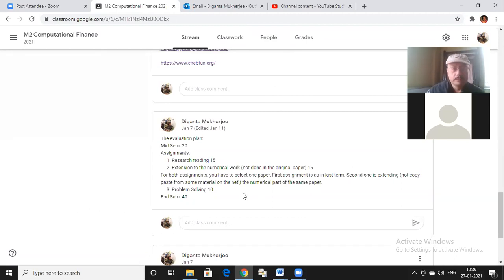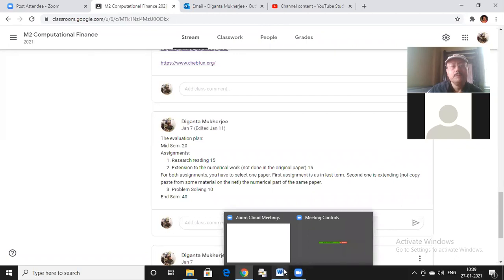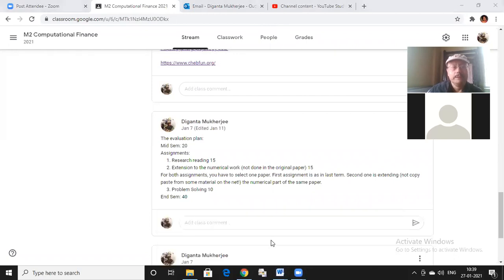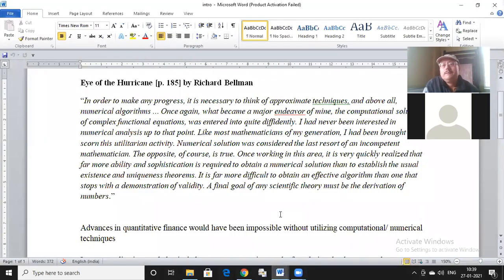So now let me start with the introductory material. When I was going through Hirsa's book again for teaching you this term, because I taught it once last year, and this is my second time doing the computational finance course, I was going through the preface to the book, and I came across a very interesting quotation.